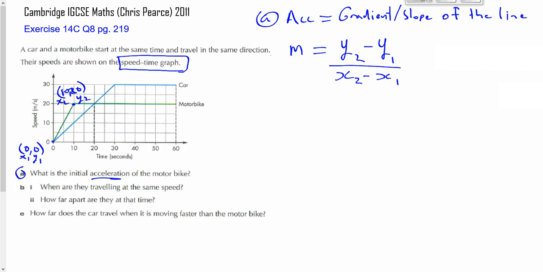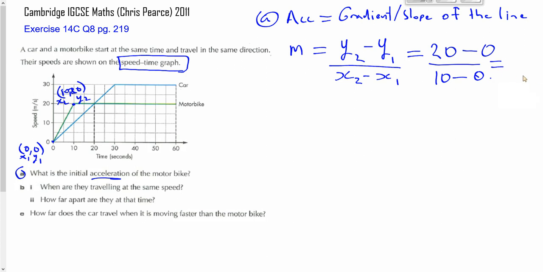We're going to substitute those values into our gradient formula. My y2 is 20 minus my y1, which is 0, over my x2, which is 10, minus my x1, which is 0.